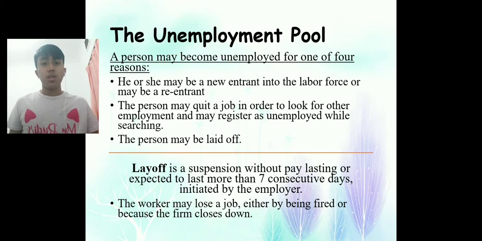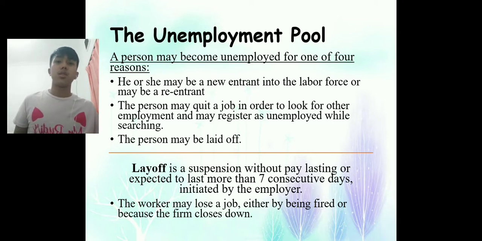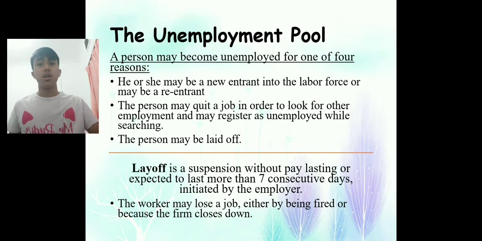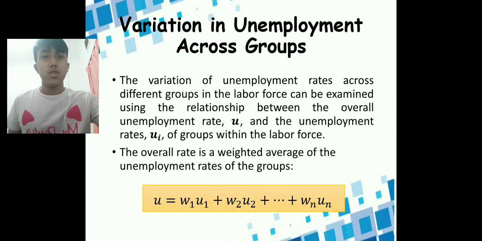And the worker may lose the job either by being fired or because the firm closes down. So those are the 4 main reasons why a person may become unemployed. Let's move on to the next one.